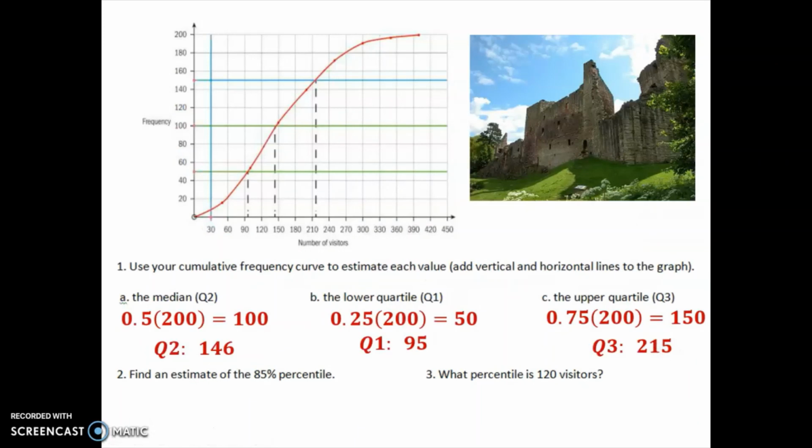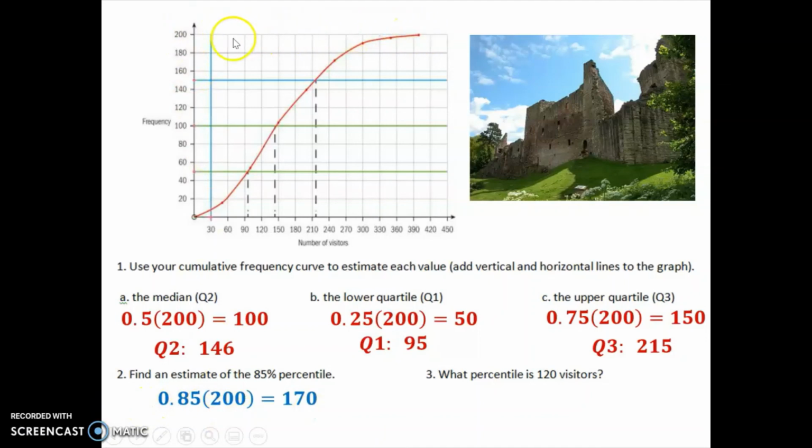And now we're going to wrap it up by coming all the way back to Haley's Castle. We've already looked at Q1, Q2, Q3 for that using the curve. Now, using the same cumulative frequency curve we have for visitors to the castle, find an estimate of the 85th percentile. Okay, 85th percentile, so we're going to do 0.85 times 200.